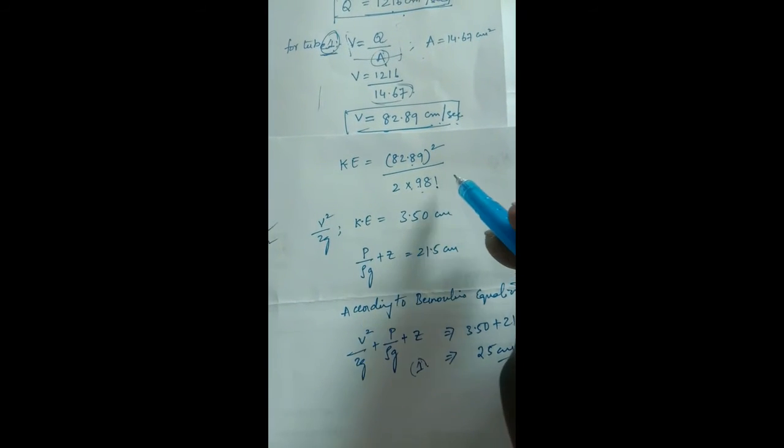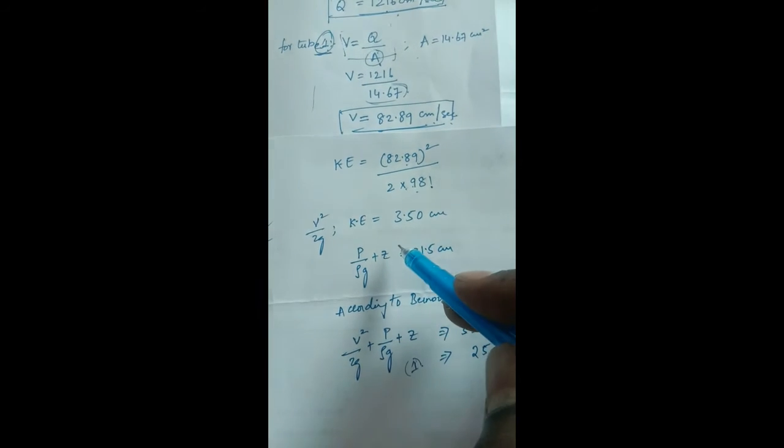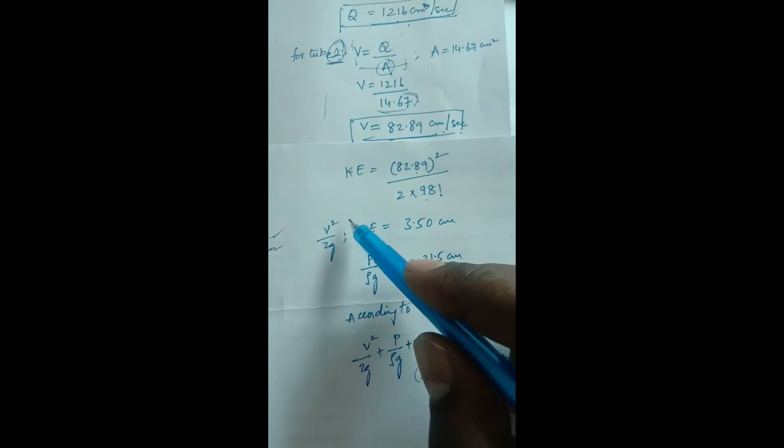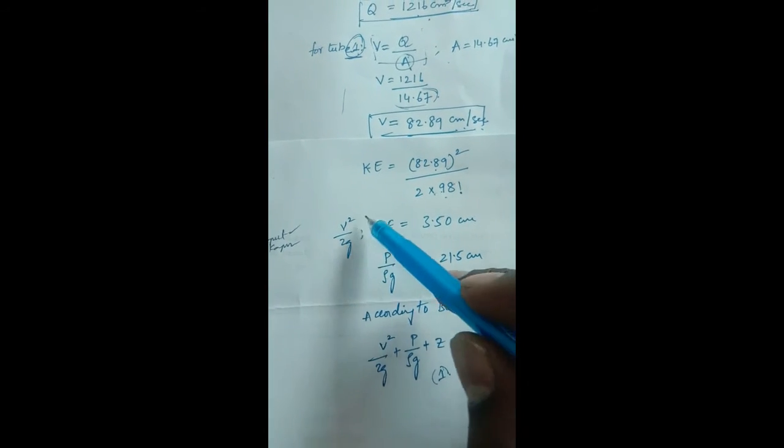Here we are considering it because in the previous readings we have taken everything in centimeters, so if you consider the g value in centimeters, instead of 9.81 it will be 981. By considering all three values, we found the kinetic energy, that is 3.50 centimeters, which we call the kinetic head, that is the v square by 2g value.